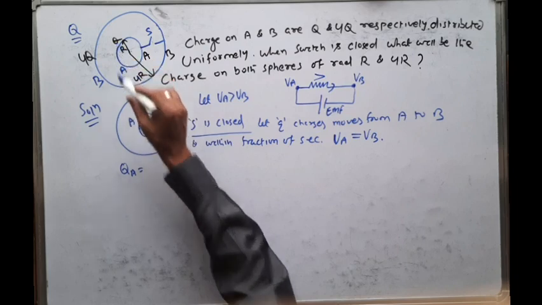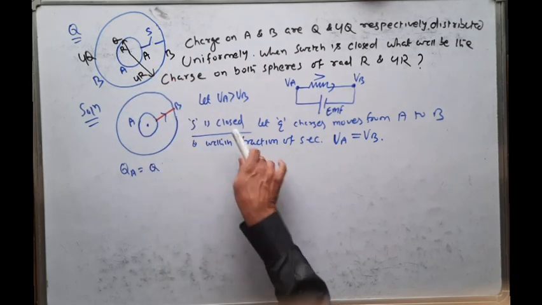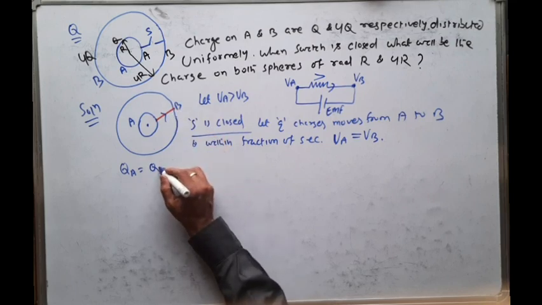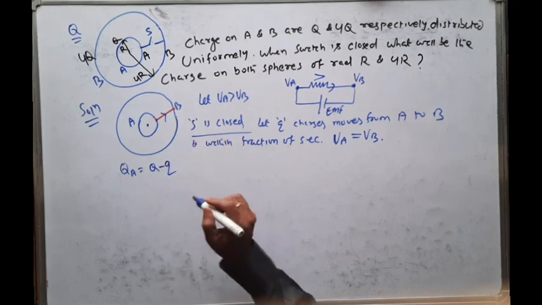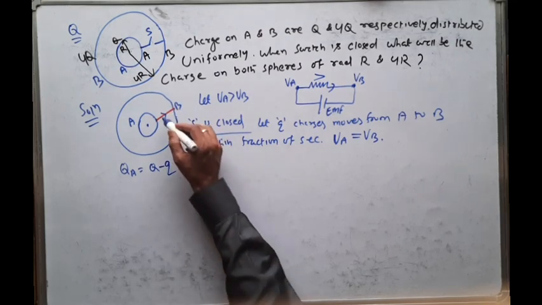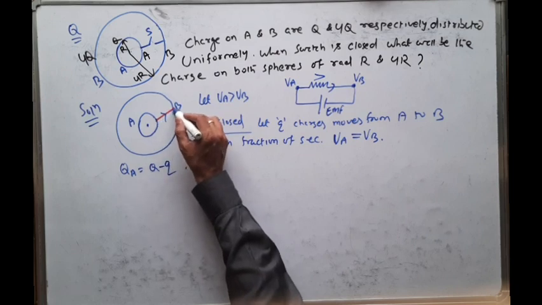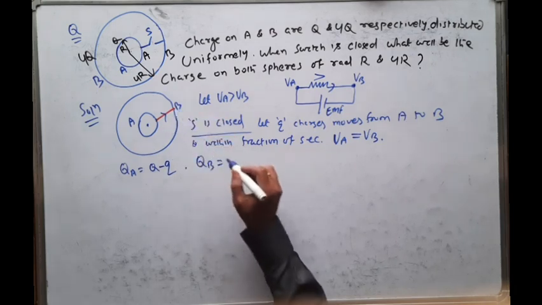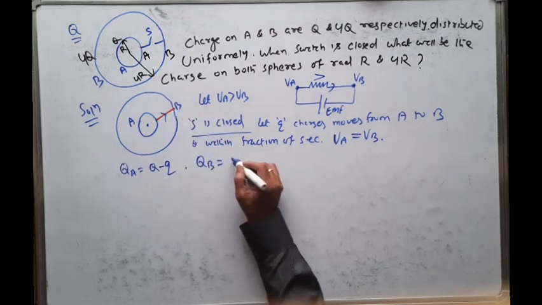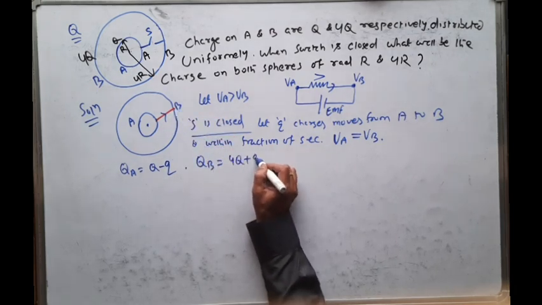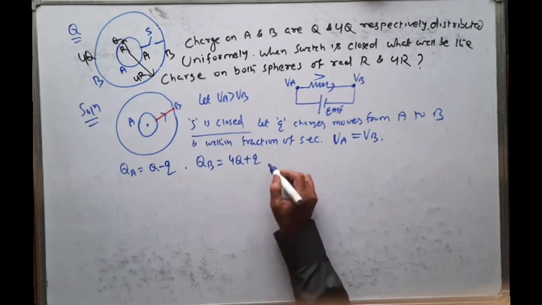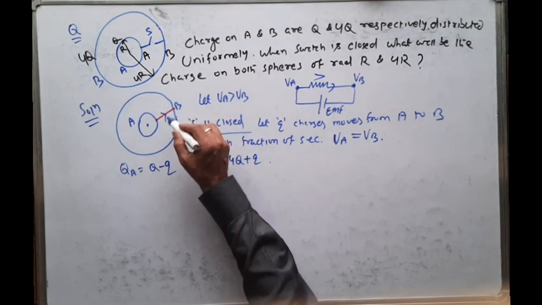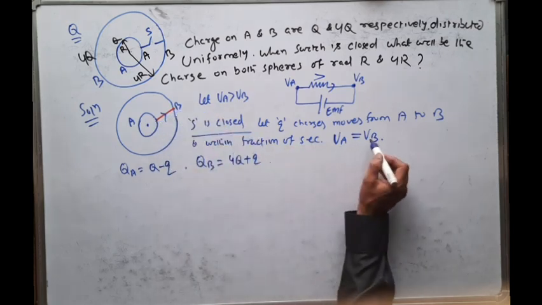It was initially Q. Now small q charge left from A to B, so the net charge on A is Q minus q. Since small q charge is added to B, the charge on B, initially 4Q, is now 4Q plus q. And the condition is that after the switch is closed, potential at A is equal to potential at B.